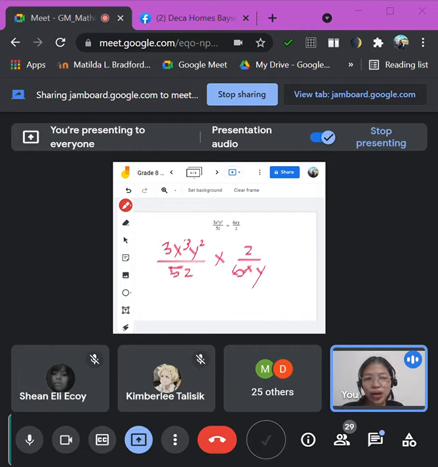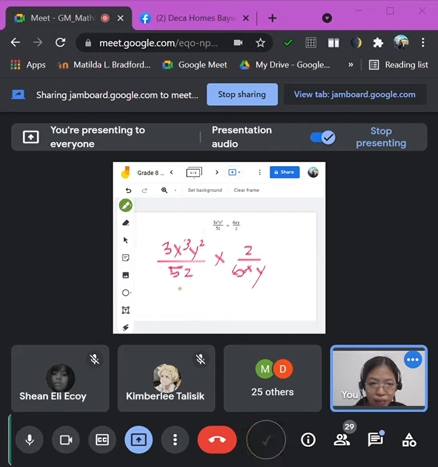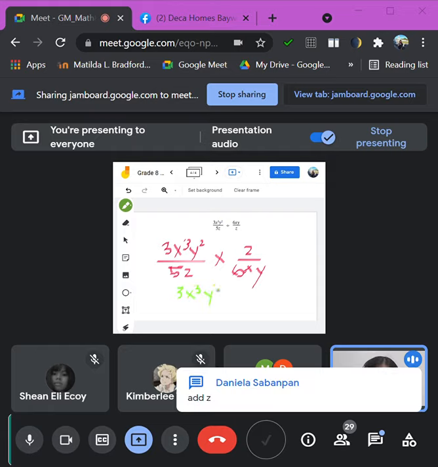Okay, and then we are going to proceed with our multiplication. So ang numerator, i-multiply na to sa numerator, and denominator, i-multiply na to sa denominator. So what will happen to 3x cubed y squared times z? Mahimo siya og i-multiply ra gyud na nato class, or meaning to say ato ra siyang i-combine since wa man sila pareha.